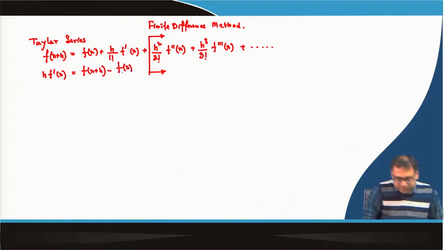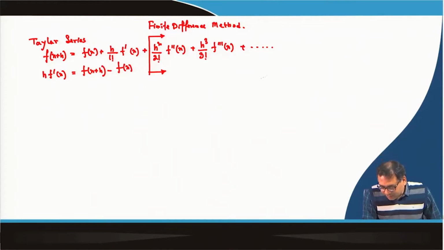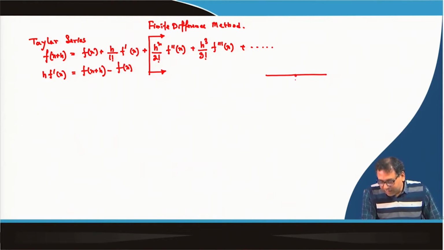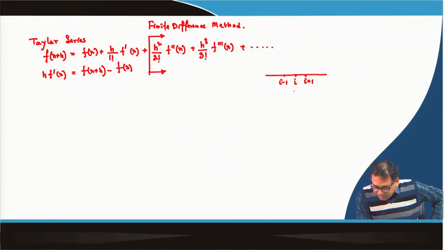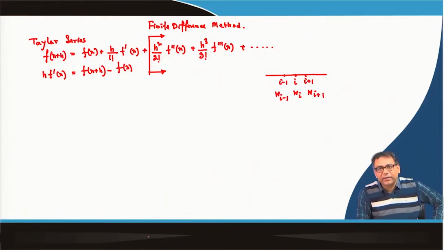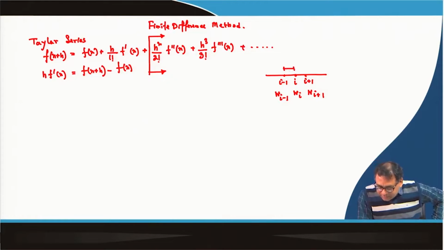Now suppose you have a beam, and at this point, called the ith point, this is the i plus 1 point, and this is the i minus 1 point. At the ith point your deflection is w i, at the i plus 1 point your deflection is w i plus 1, and here the deflection is w i minus 1. The distance between these nodes or points is h.